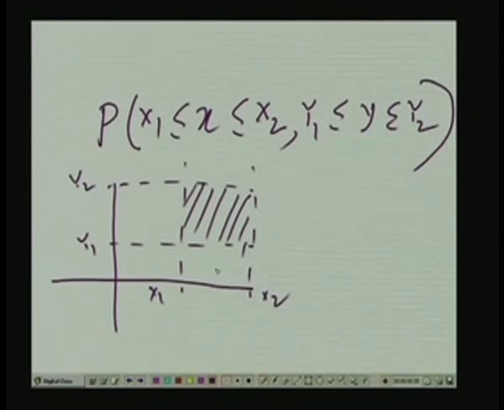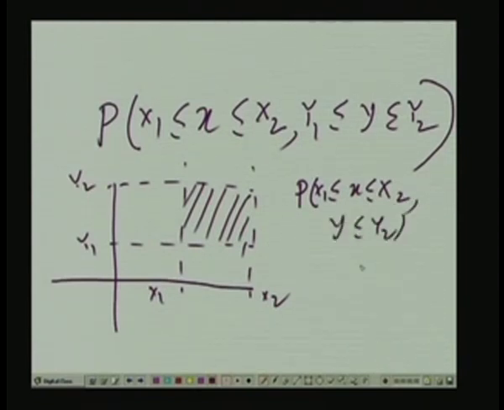Now, you can see one thing. If I do not limit myself to this box only, but go down fully, then what I get is nothing but what I already obtained. That is, x remains as it is, but y is only less than or equal to y2. So, I go down fully. I have already calculated the probability of this event on the previous page, but this set is nothing but the union of two non-intersecting sets.